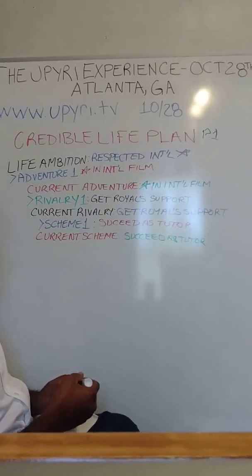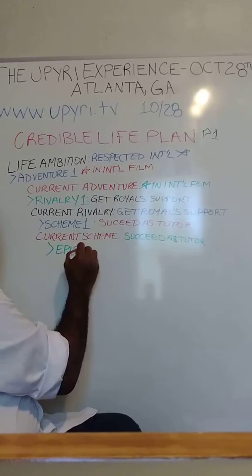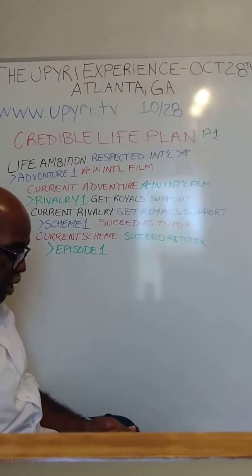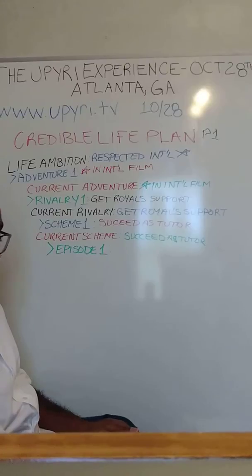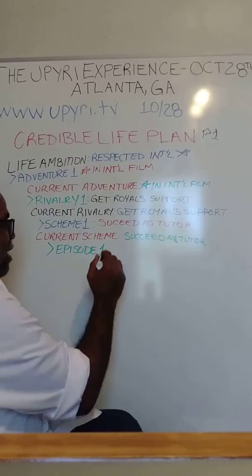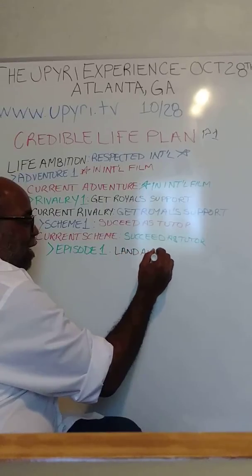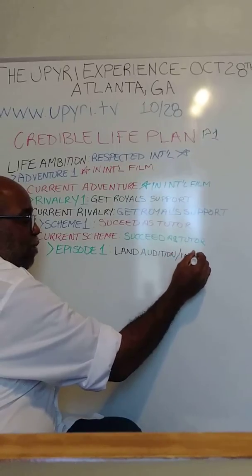And the next story unit after that is episode. Episode 1. In order to succeed as a tutor, he needs what? He needs to land the audition because he's acting like he's a tutor. So he needs to land the audition, or actually it'll be an interview.